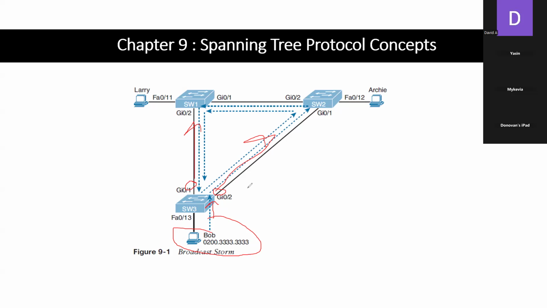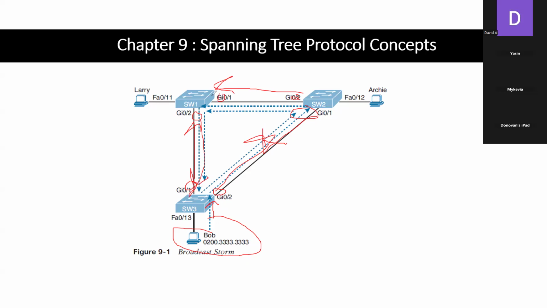Is the port in a forwarding state or is it in a blocking state? As you can see by this diagram, it's in a forwarding state. We're going to go ahead and send that traffic out all ports. Why? Because it is in a forwarding state. What about switch 1? You guessed it, it's in a forwarding state for both ports.